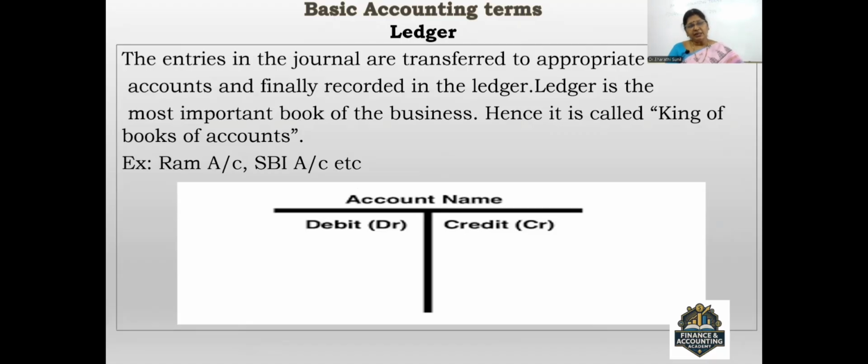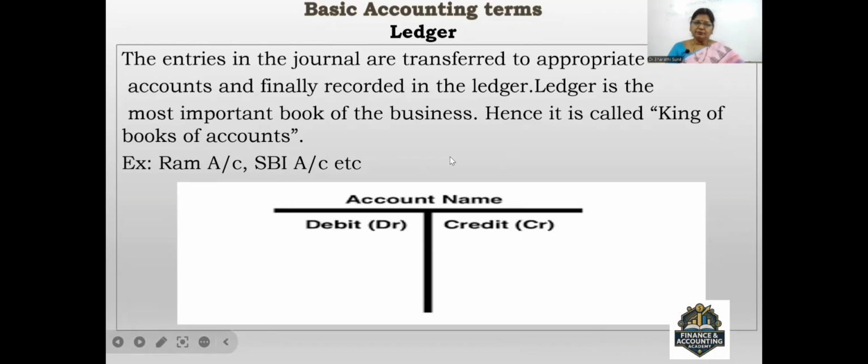If I receive any amount for my channel, what is my account here? Finance and Accounting Academy channel. We have three accounts. What are those three accounts? Bharathi account, SBI account, Finance and Accounting Academy account. So I have mentioned three accounts.